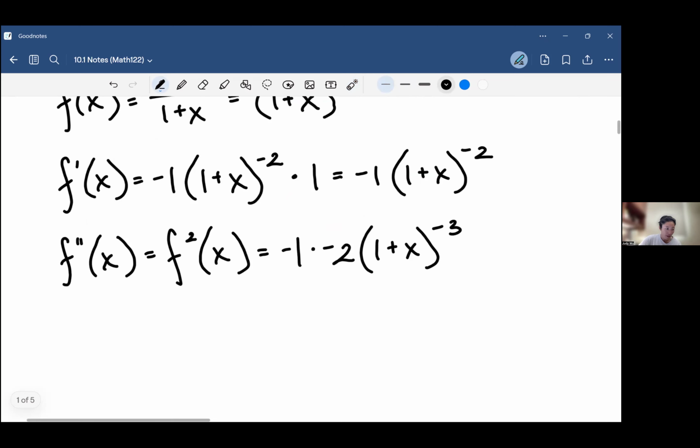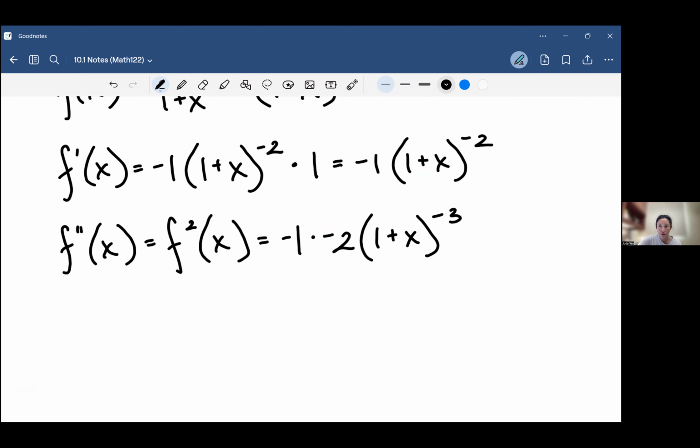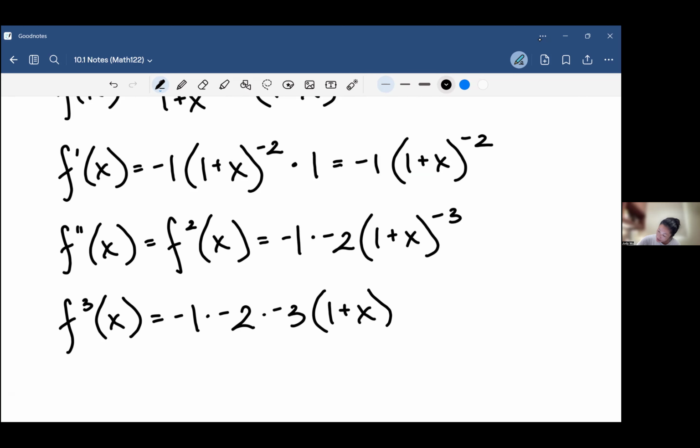Okay. All right. I'm going to do 2 more. So I'm going to find the third derivative and I'm going to find the fourth derivative. So f3 of x. All right, I got the -1 times the -2 times, this time I need to multiply by -3, 1 plus x to the -4.